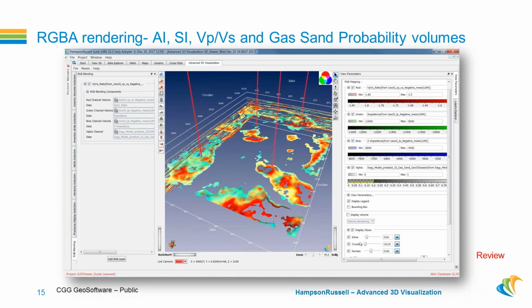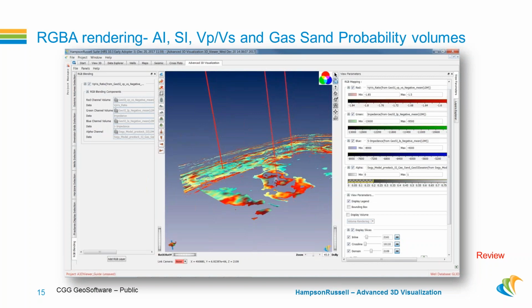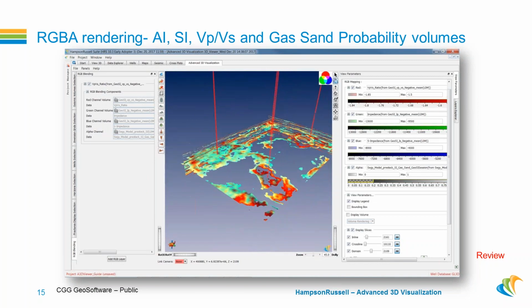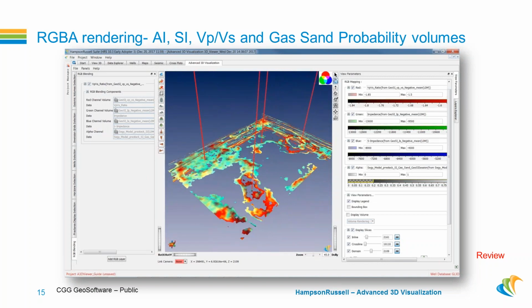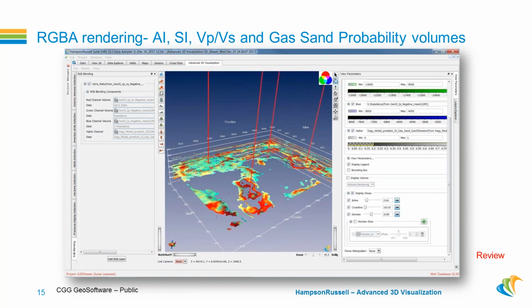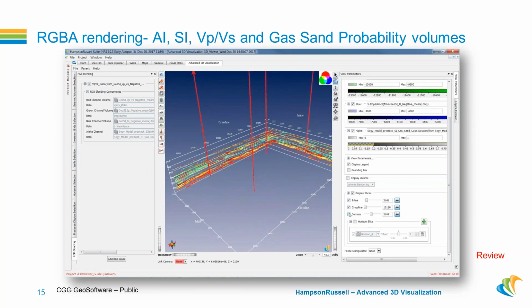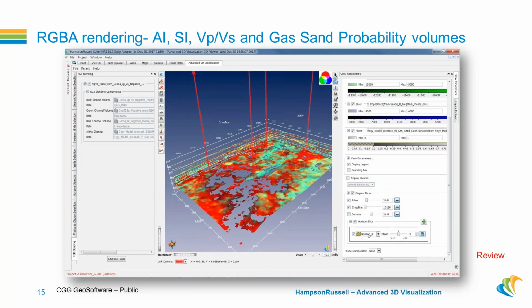Other than that, you can apply this volume rendering on the horizon rather than on the time slices or on the crosslines or inline. So let's zoom it at the location and move it to the horizon slice rendering. So click on the horizon slice. The horizons will be already available under horizons.